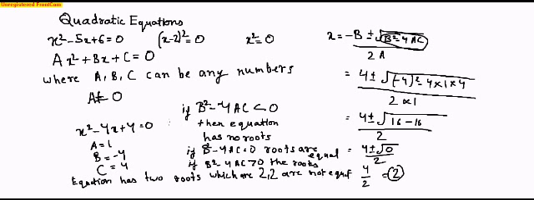So we get our three conditions depending on the value of b square minus 4ac. The crux of the matter is that just by looking at the value of b square minus 4ac, we can tell that the equation has no roots, equal roots or unequal roots.